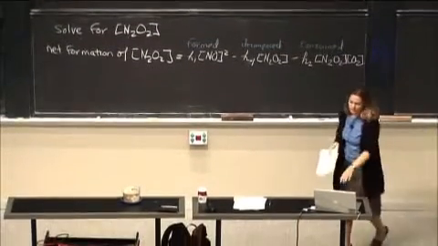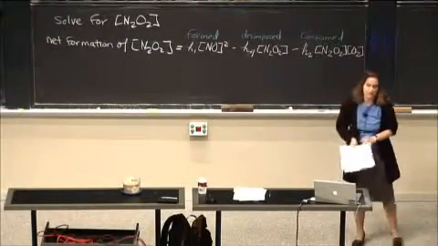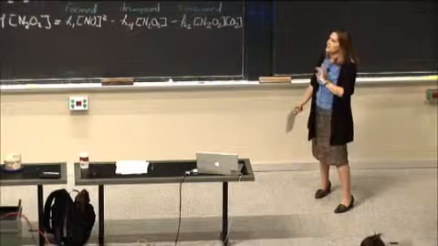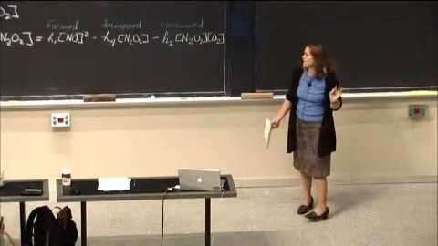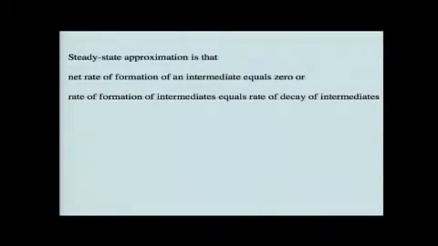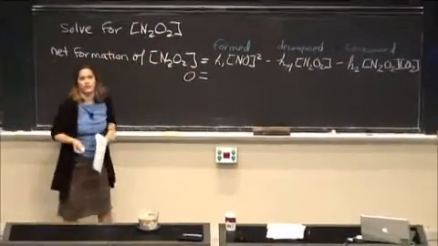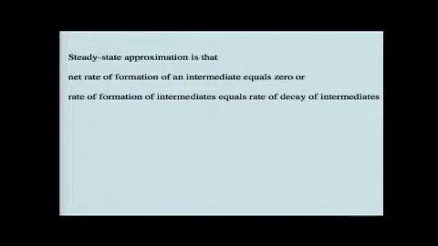And now we can use something called the steady state approximation. And the steady state approximation is used in all sorts of kinetics, including enzyme kinetics. And it can be phrased 2 different ways, which are equivalent. You can say that the steady state approximation is that the net formation of the intermediate equals 0, i.e., this entire equation equals 0. Another way to say it is that the rate of formation of the intermediate equals the rate of decay.